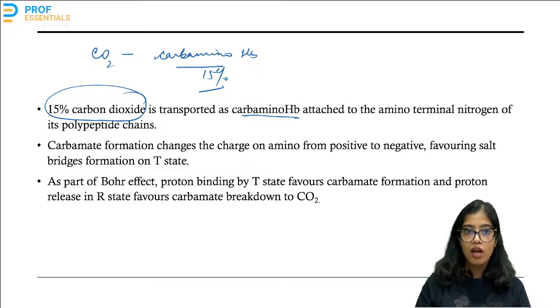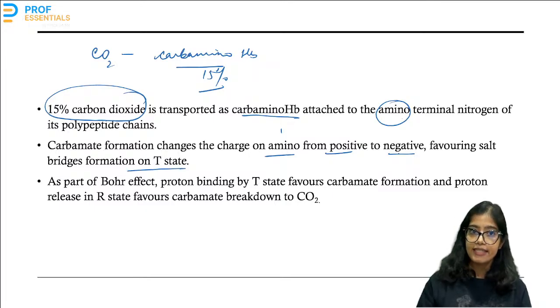Now, the formation of this carbaminohemoglobin changes the charge on the amino group from positive to negative. Because carbon dioxide is attached to the amino terminal, the positive charge on the amino group will change to negative. Now, this is going to favor the formation of salt bridges in the T state.